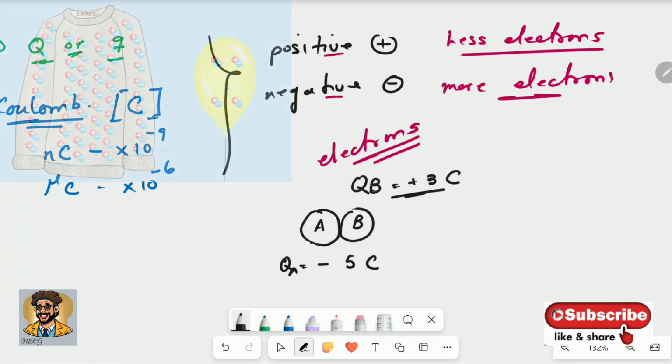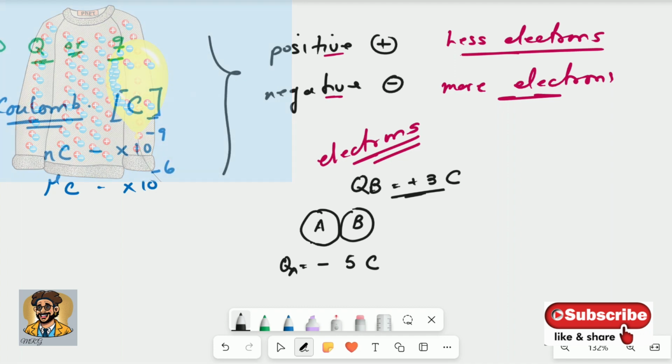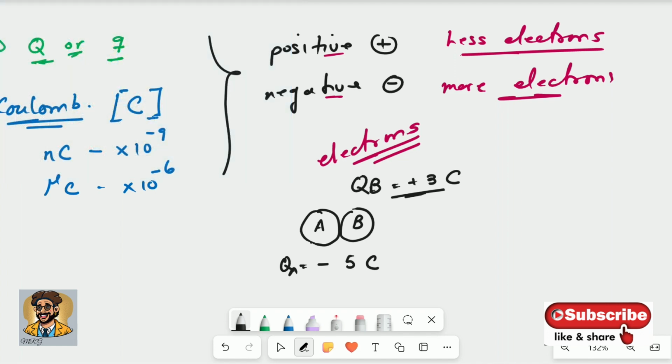Now what is important to know is that as soon as the objects touch each other, and I showed you yesterday with the simulation, as soon as the balloon was touching that sweater, that jersey, electrons moved to the balloon, isn't it? So as soon as you make these objects touch, the electrons are going to be transferred from one to another. Remember, that is called a triboelectric charge. Now, in this case, where are the electrons going to move?